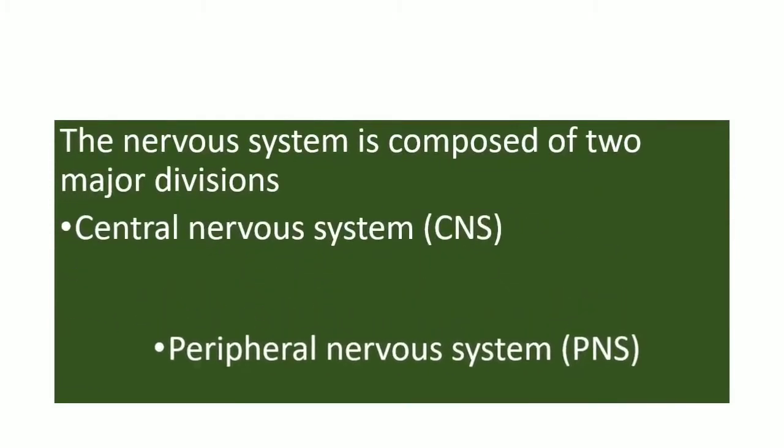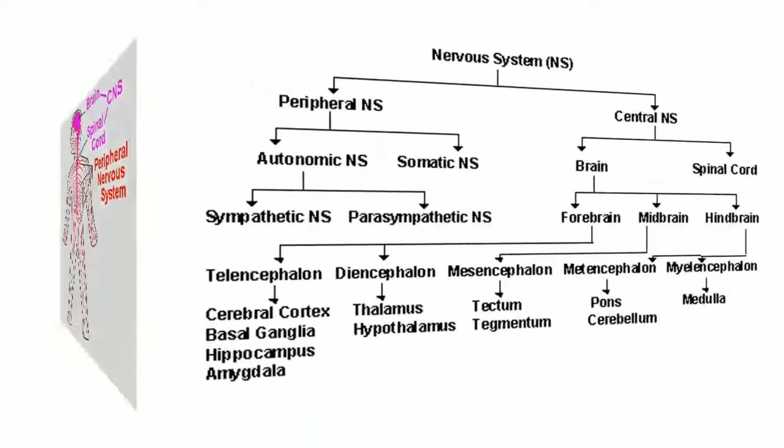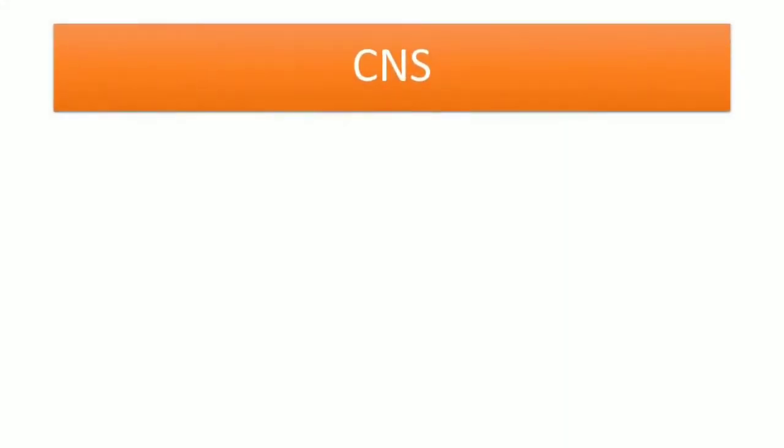We will divide these two parts and explain them in the slides further. Moving towards the central nervous system, it is the brain and the spinal cord, whereas all the nerves outside the brain and spinal cord make up the peripheral nervous system. Take this as a screenshot because it explains the complete flow chart, which will help you fill in a 6 marks question.